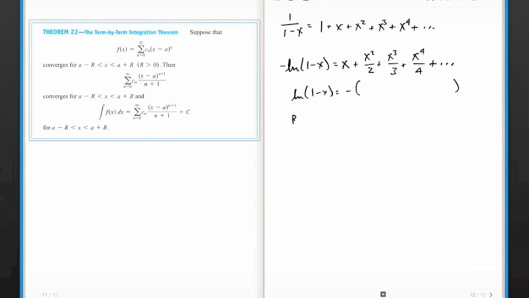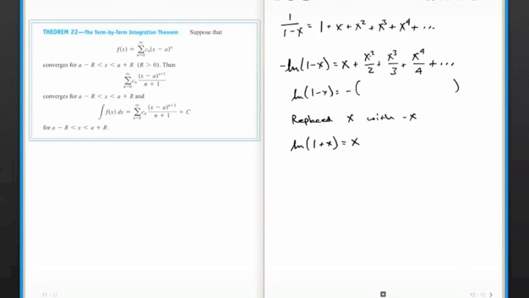And if I replaced x with negative x, then I would get the natural log of 1 plus x equals, let's see, negative x, I would still be left with an x.